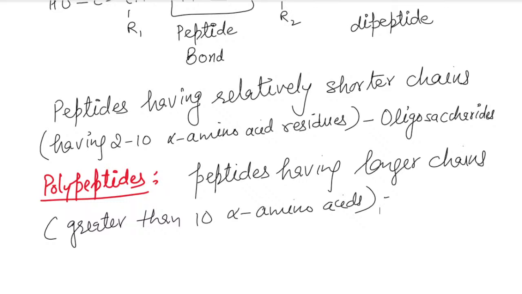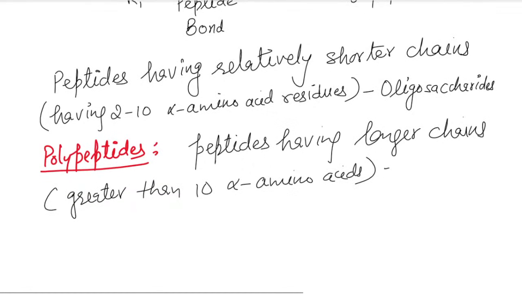Now out of these polypeptides, those having a large number of alpha amino acid units, any peptide having more than 10 residues is called polypeptide.